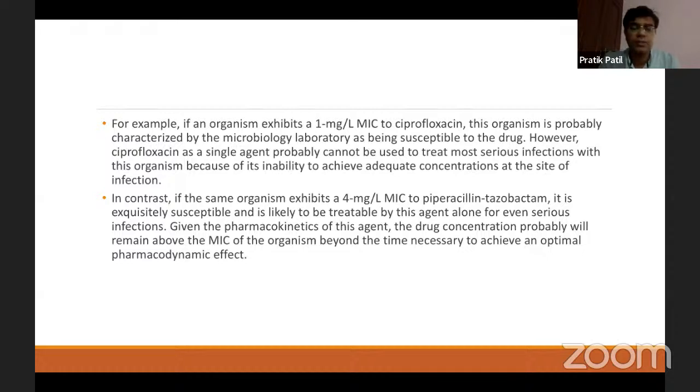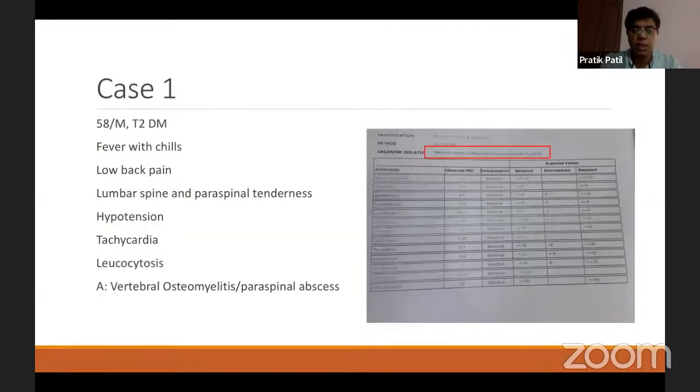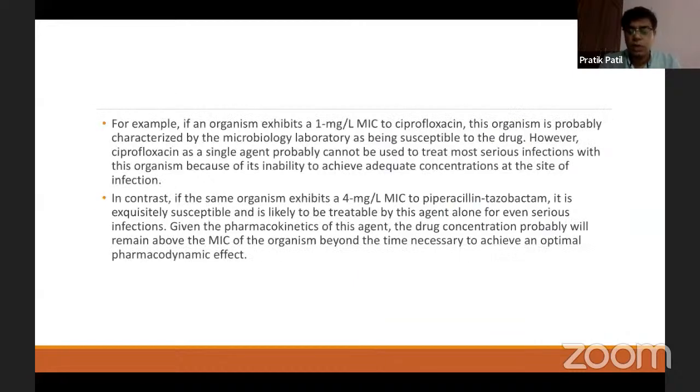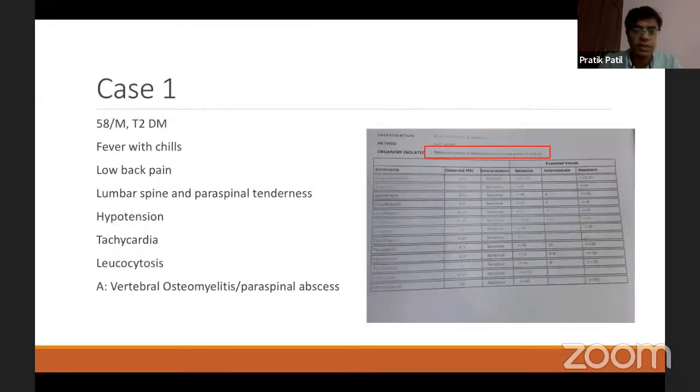If it is a bloodstream infection, obviously ciprofloxacin is not a good antibiotic for the bloodstream. It is bacteriostatic. Let us say another antibiotic reported is piperacillin tazobactam. Though its MIC is 4 and the MIC for ciprofloxacin is 1, here piperacillin will be superior because it achieves a higher concentration in the blood. So this is how we need to assess.